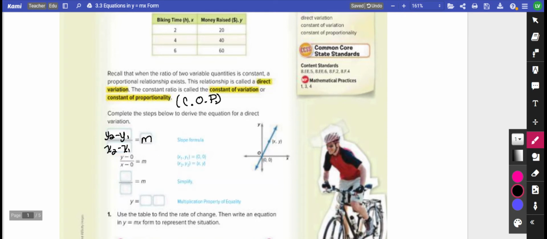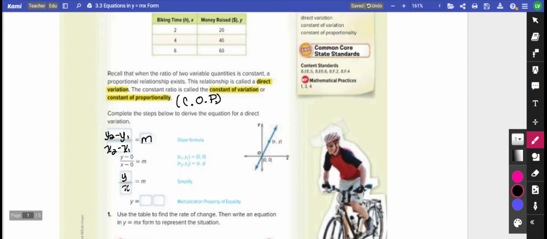If we define x1, y1 as 0, 0, and x2, y2 as just x and y, then we would rewrite our equation as y minus 0 divided by x minus 0, which equals the slope. When you simplify, y minus 0 is y, x minus 0 is x.